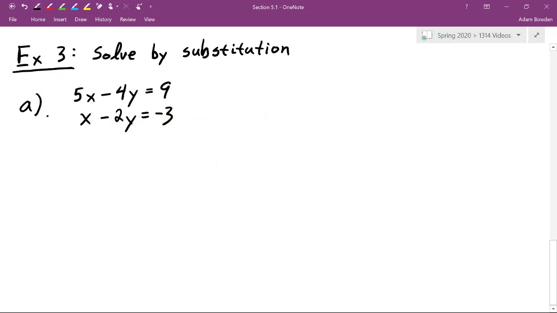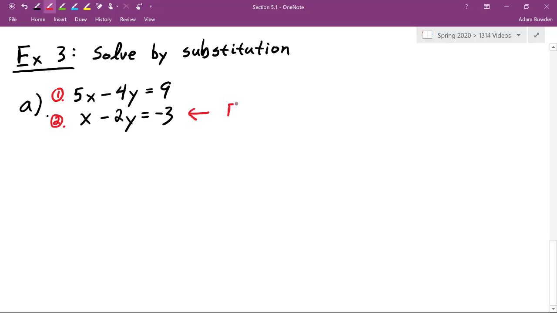Okay, so our first situation here, we have 5x minus 4y equals 9, and x minus 2y equals negative 3. And we're going to solve this by substitution. Now what we're going to do is choose either one of these equations, equation 1 or equation 2, and solve one of those equations for either x or y. We usually try to find the one that looks the most convenient.